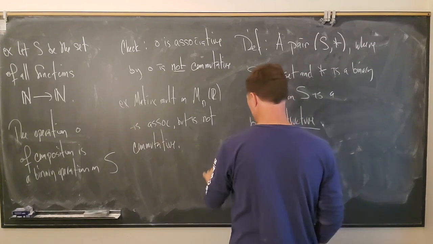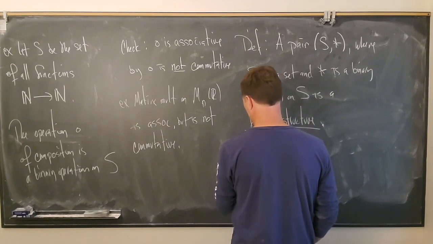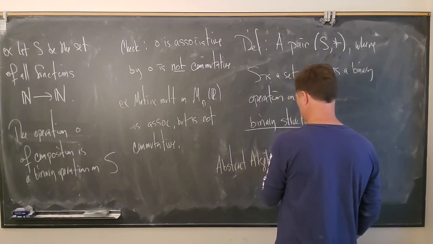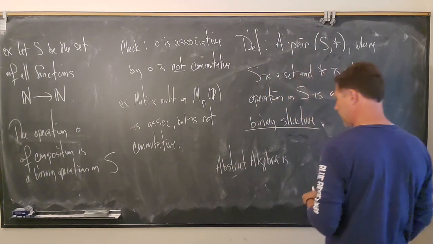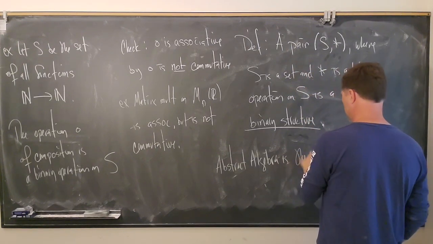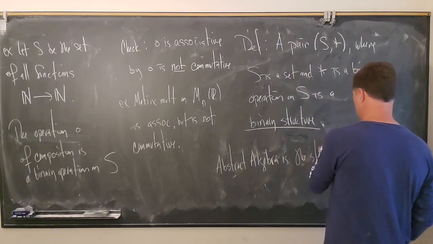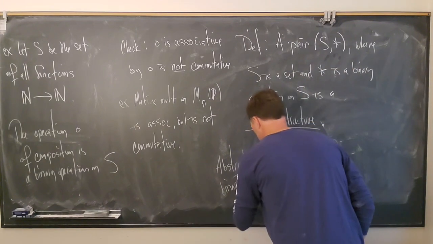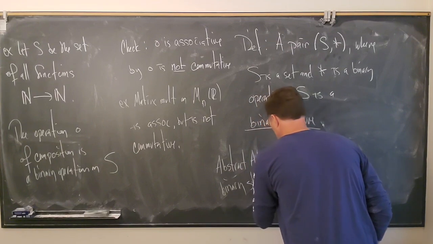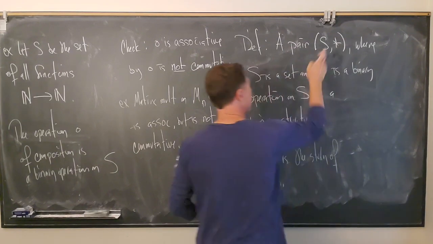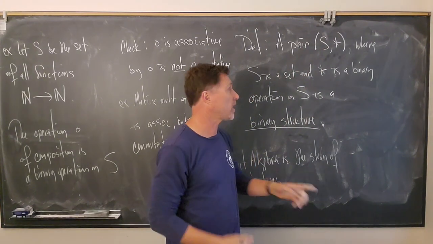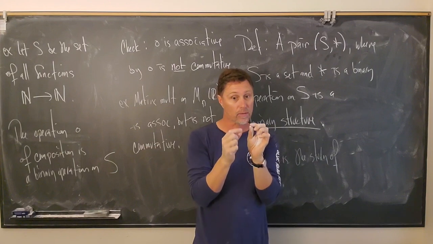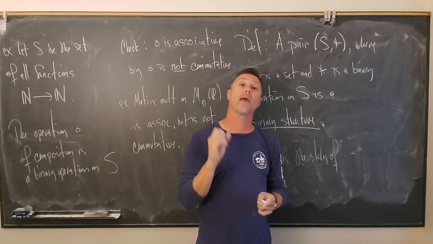So abstract algebra is, at its heart, the study of binary structures. In abstract algebra we don't just study sets; we study sets together with ways to take elements of the set, combine them together, and give an output.